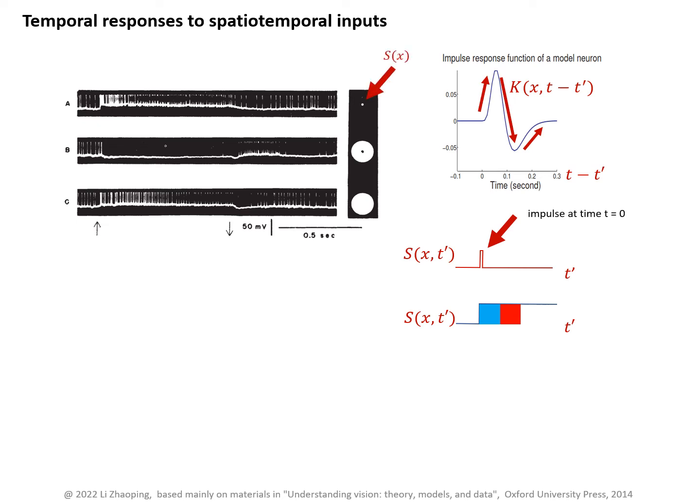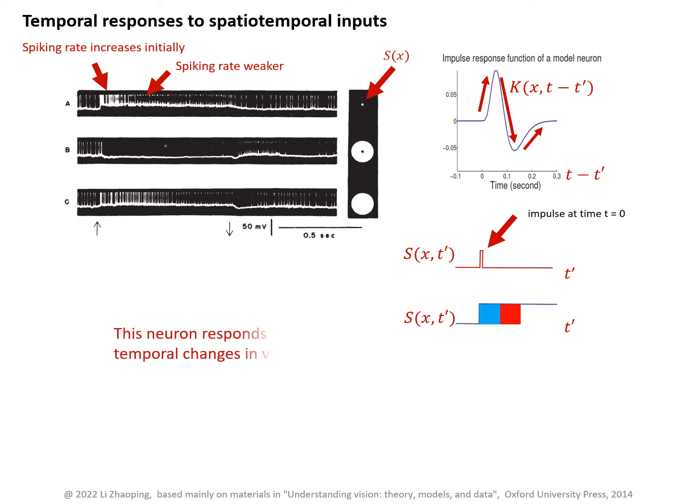To the onset of this spatial pattern X, a small disk, the neuron responds by increasing its spiking, and then the spiking becomes weaker soon after the initial transient response. So this neuron prefers to respond to changes or temporal contrasts in visual inputs, and not so much to constant, unchanged visual inputs.